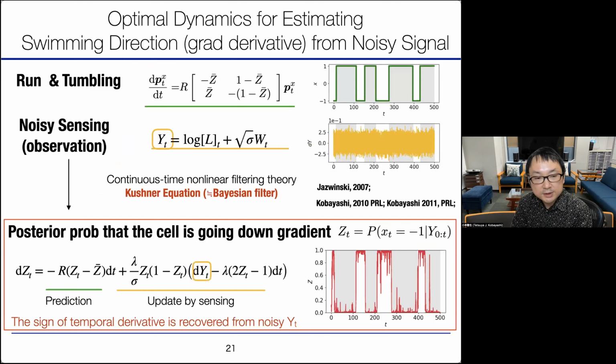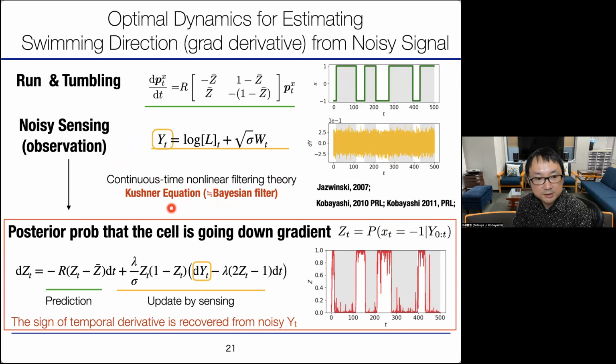Given this information, what we have to do is to derive the optimal dynamics that infer the swimming direction x only from these noisy signals. So we can use the theory of continuous time nonlinear filtering.